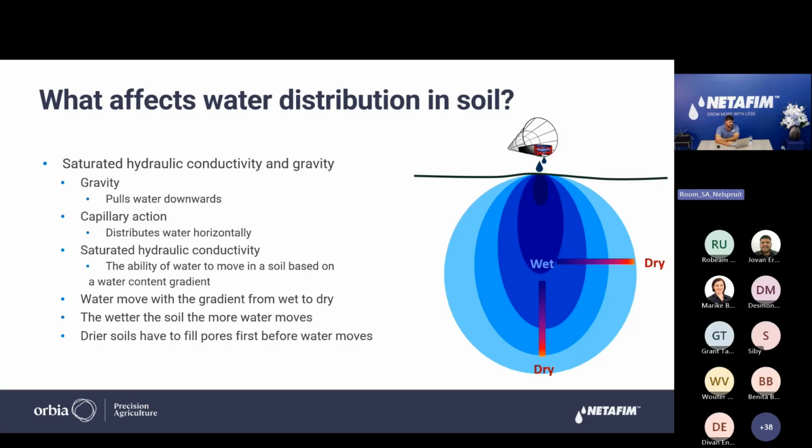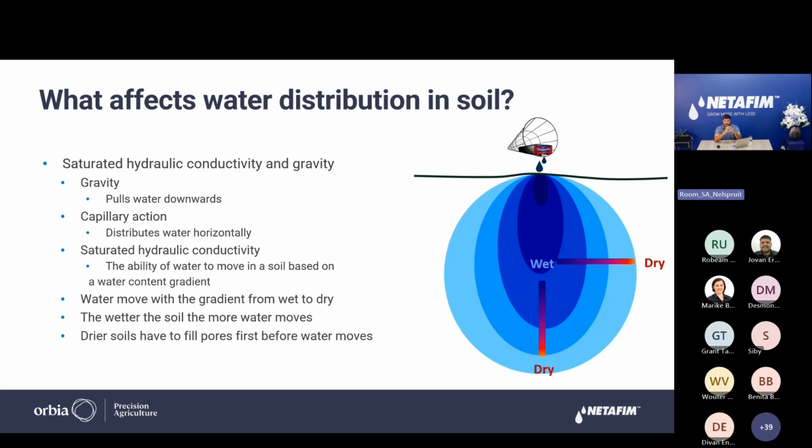Then if you look at saturated hydraulic conductivity, that is the ability of water to move in your soil based on a water content gradient. As I mentioned earlier, everything in life wants to be in balance, and water is the same.